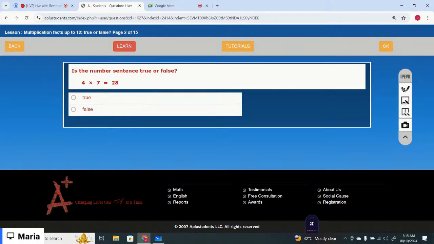The correct option is true it is, right? 4 times 7 equals 28. So that is true. Option number 1 is the correct option.